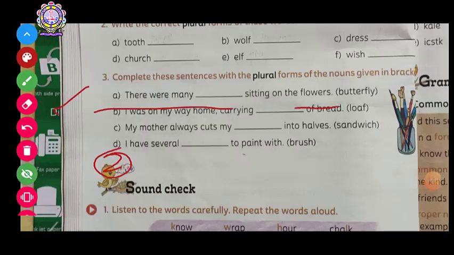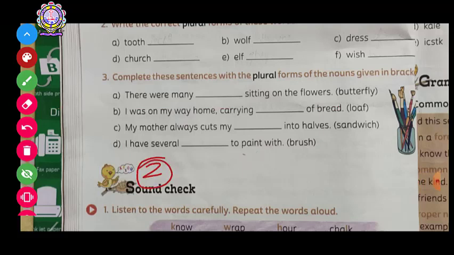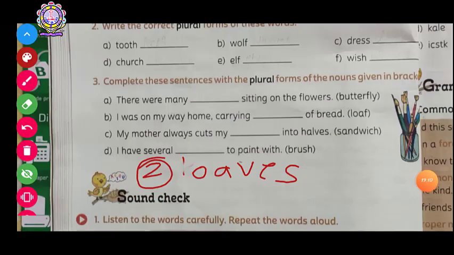Yes, so your second number will be loaf, F is there at last, so this F will convert into loaves. L-O-A-V-E-S. Loaves, isn't it?